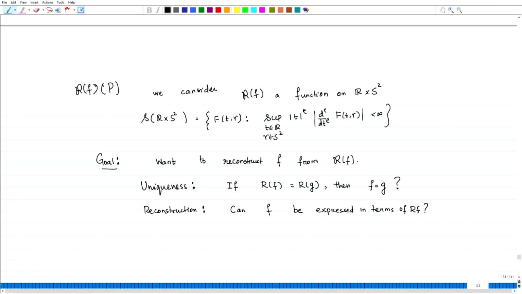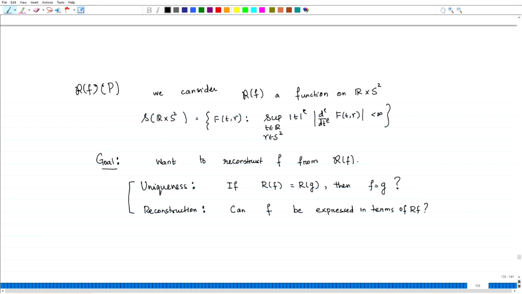Can we have a formula such that by knowing Rf we can determine f? Those are the two main questions we would like to address.